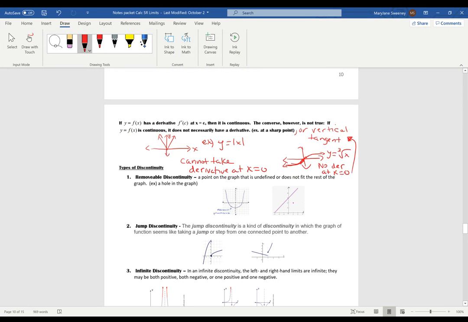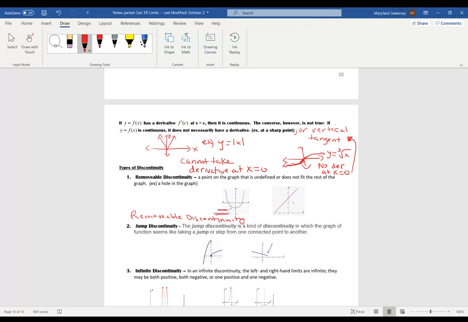Removable discontinuity. This is trying to say there's removable discontinuity at that place in the graph. Removable discontinuity occurs when there's a hole.